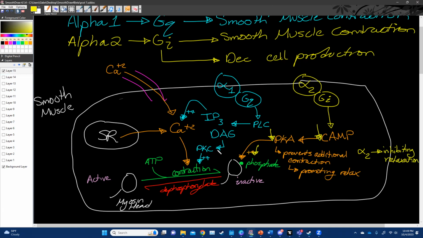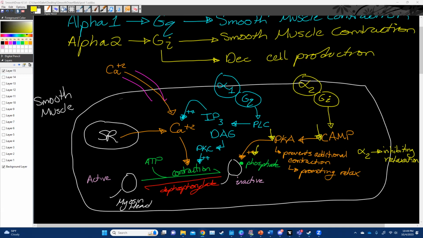It's not causing contraction, it's inhibiting relaxation. The overall effect is that both receptors in smooth muscle appear to cause contraction. One is through direct action, the other is through indirect action by inhibiting the pathway.